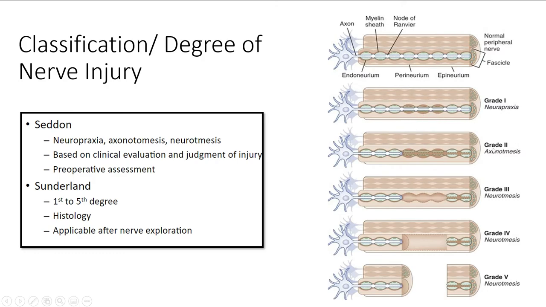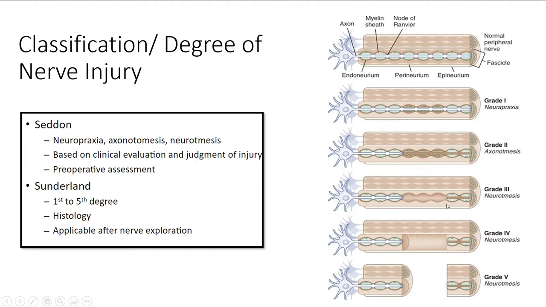Grade 2 is axonotmesis as in Seddon, and grade 2 according to Sunderland. From grade 3, 4 and 5, this is neurotmesis, based on Seddon, with the grades 3, 4 and 5 according to Sunderland. So basically injuries are of three types: neuropraxia, axonotmesis and neurotmesis.